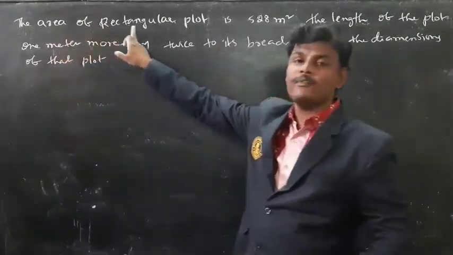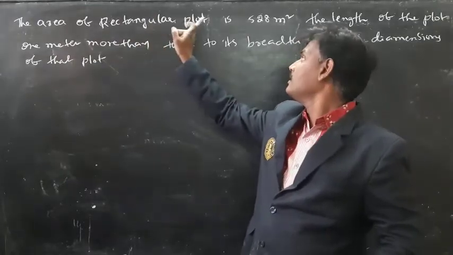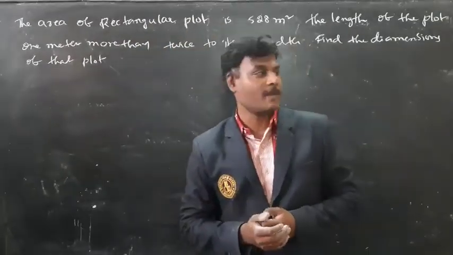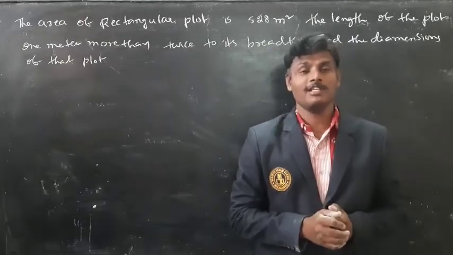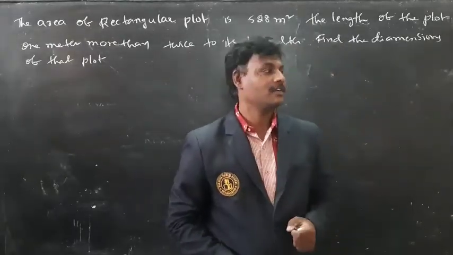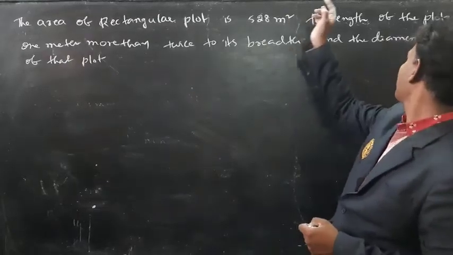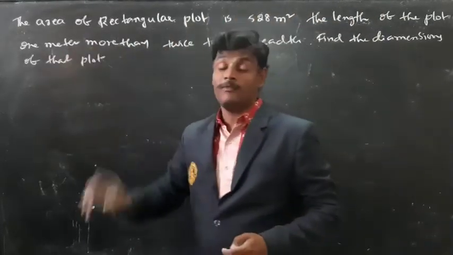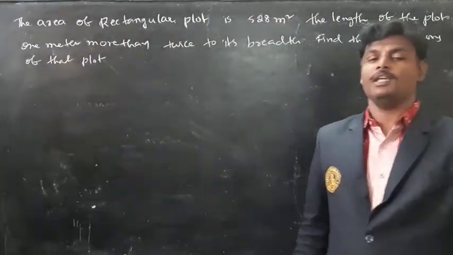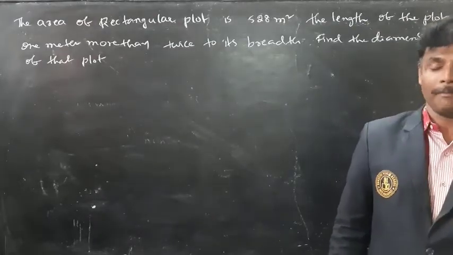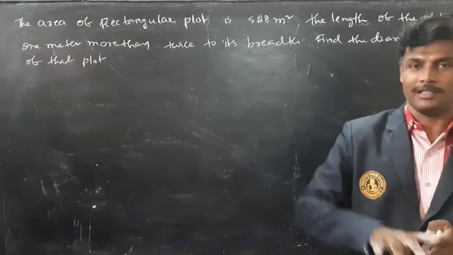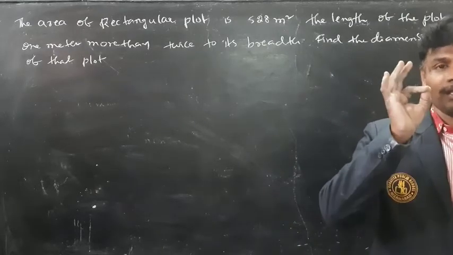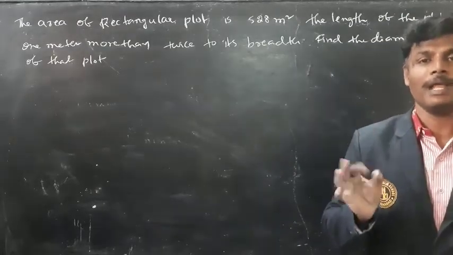The area of a rectangular plot is 528 square meters. Here there is one plot in the shape of a rectangle, and the area is 528. If the length of the plot is 1 meter more than twice its breadth, then find the dimensions of the plot.